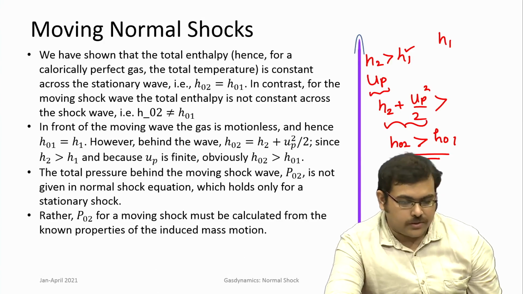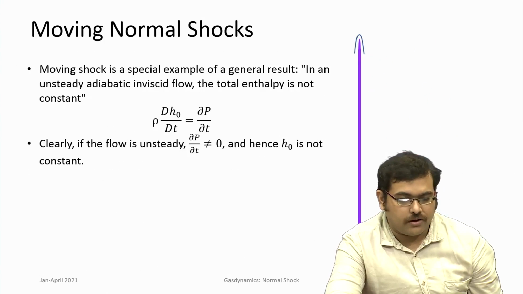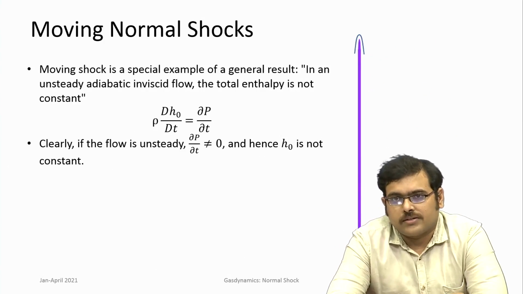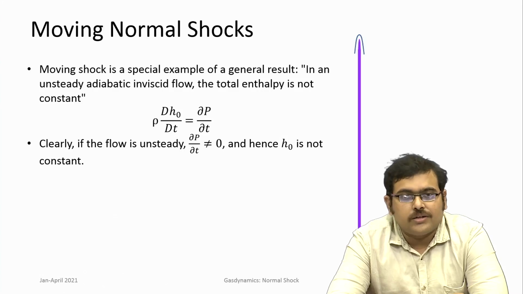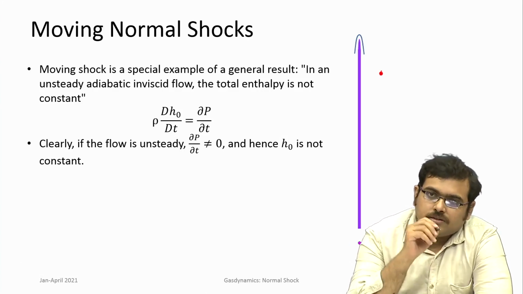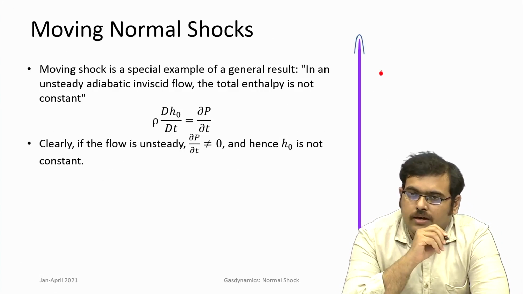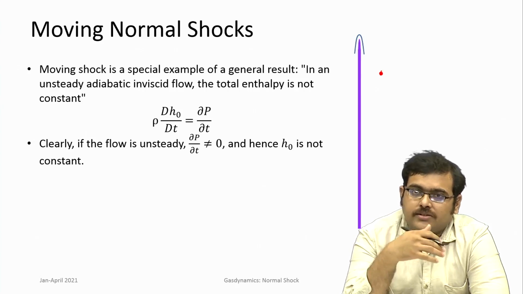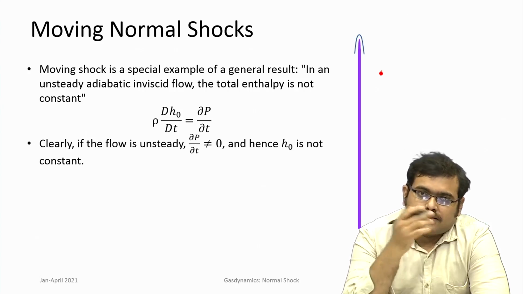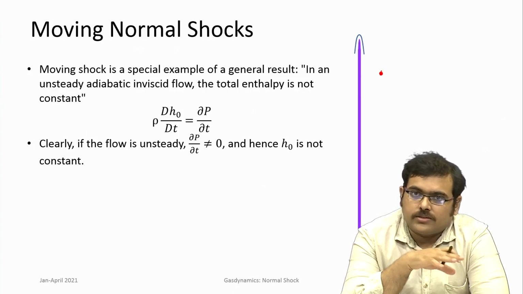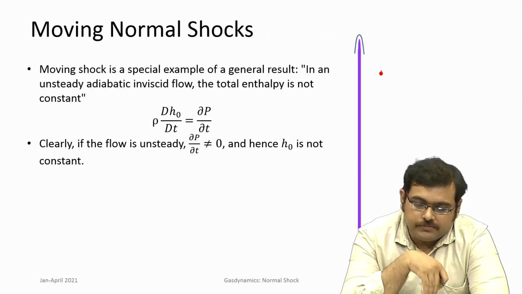We should ask this question, if there is any contradiction or not. It is not a contradiction, because we are actually looking at a case of unsteady flow. If you look at a particular point in that flow, it is not a steady flow anymore, because the pressure and temperature change immediately as a shock passes over that particular point. So, it is not a steady flow problem.